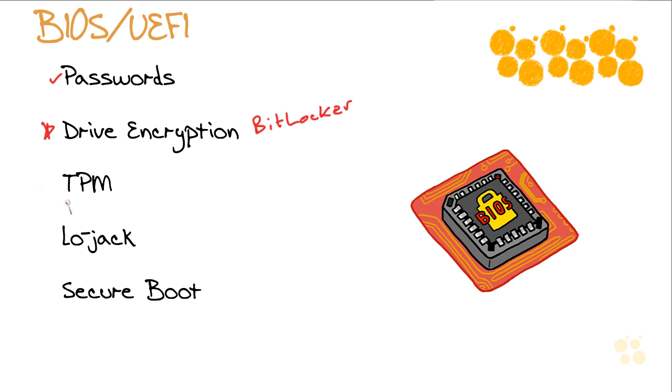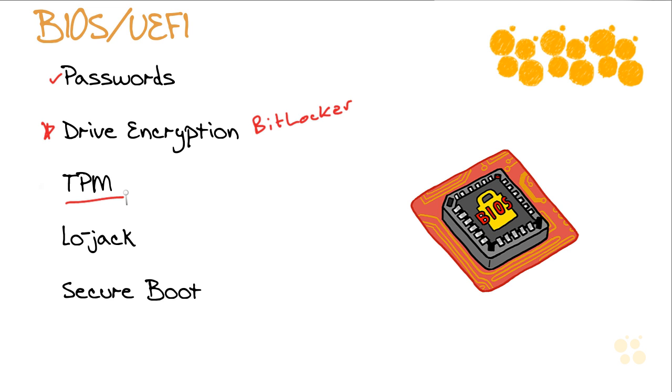There's also such a thing as a TPM chip that your system might support. What this does is it makes sure at boot that there's been no tampering with the drive. So your Windows drive has been left intact just the way it was when you shut down the system the last time.